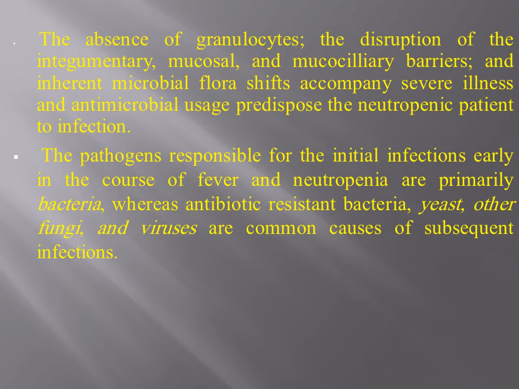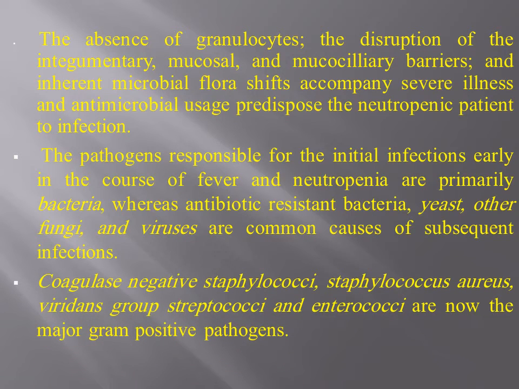The pathogens responsible for the initial infections early in the course of fever and neutropenia are primarily bacteria. Coagulase negative staphylococci, Staphylococcus aureus, viridans group streptococci, and enterococci are now the major gram-positive pathogens.